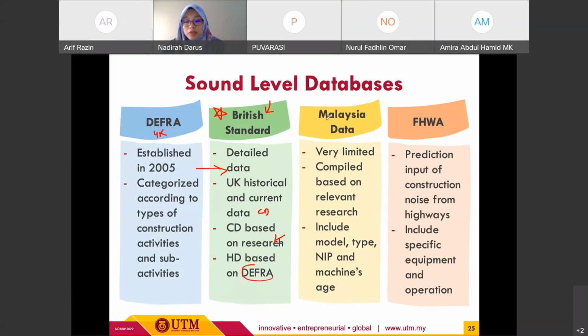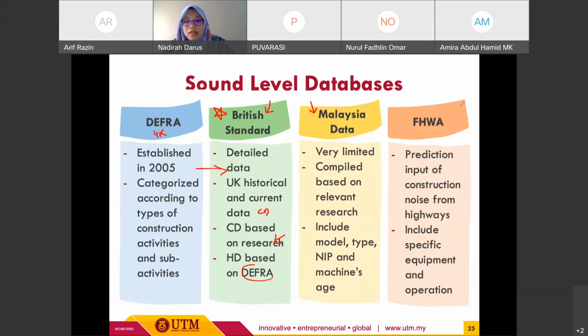Lepas tu untuk kita punya local scope kita ada juga actually tapi it's very limited, sebab sebelum ni saya dah mention kat Malaysia kita masih lagi dalam stage research, conducting the research, try to collecting related information. So the available data, existing data is quite limited, right? As compared to the other countries lah. But still, we have compiled some of the data based on the relevant research, okay, including the model type and net installed power of the individual machineries.